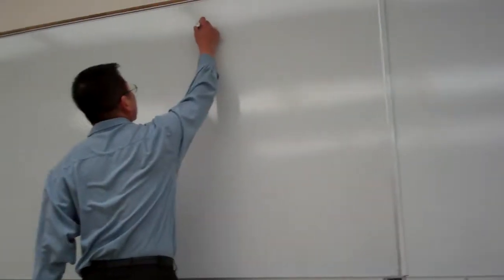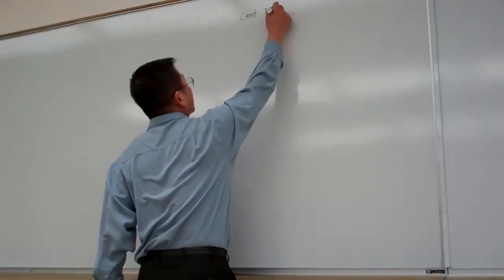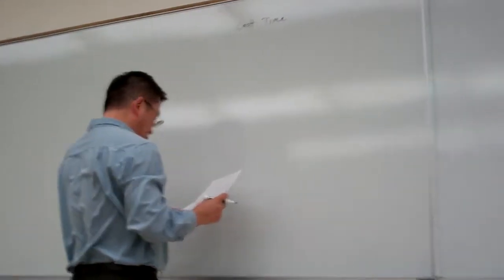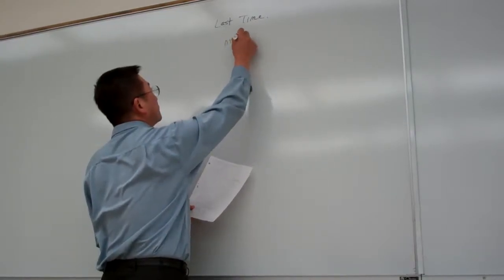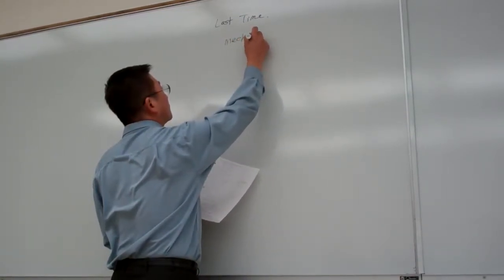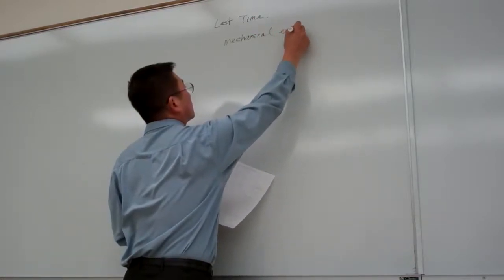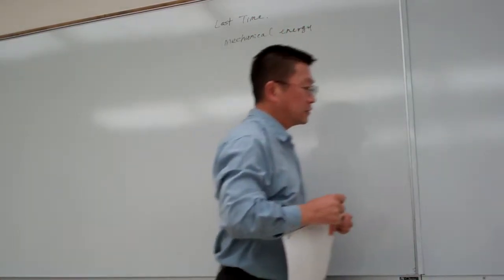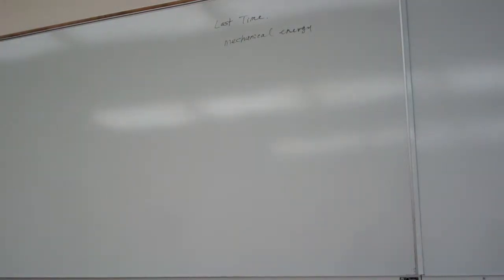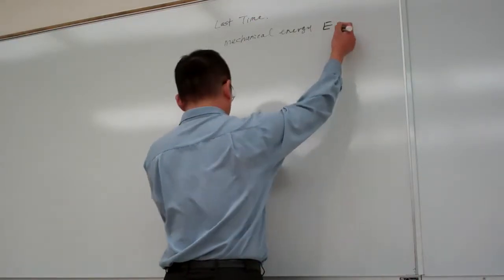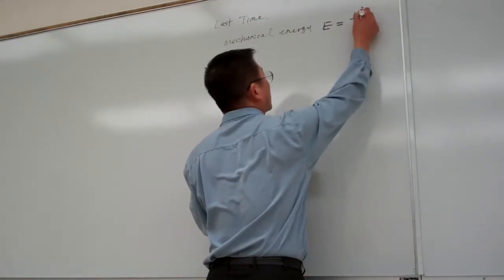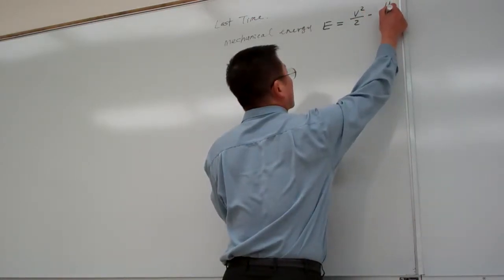Last time, we derived the mechanical energy E equal to velocity squared over two minus the potential energy.